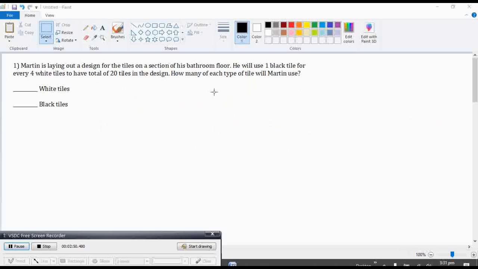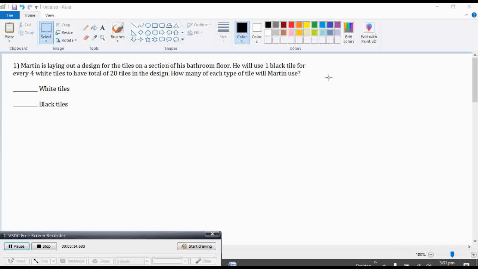Now for grade 6 discussion. Our lesson is a continuation of the ratio and rates comparison from yesterday's topic. Today, there will be a given example. Martin is laying out a design for the tiles on a section of his bathroom floor.